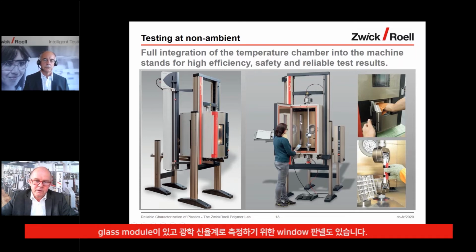You can also see it here in this picture in the center. So there is a slot or a slit, and either you can have a window pane here in order to measure with an optical extensometer, or you could also have just some flaps, so then you can also use it with our mechanical extensometer.